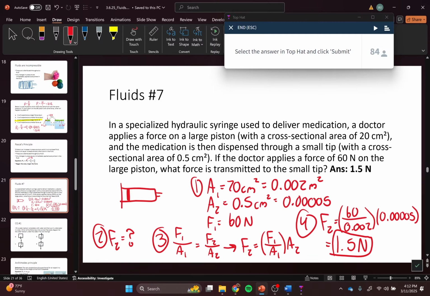If you do the math, 0.5 over 20 is 1 over 40. And 1.5 is 1/40th of 60. If you take 60 and divide it by 40, you get 1.5. It's the ratio of the areas. So they're pretty quick to calculate if you know what you're doing. Otherwise, you just go through the motions and figure that out.